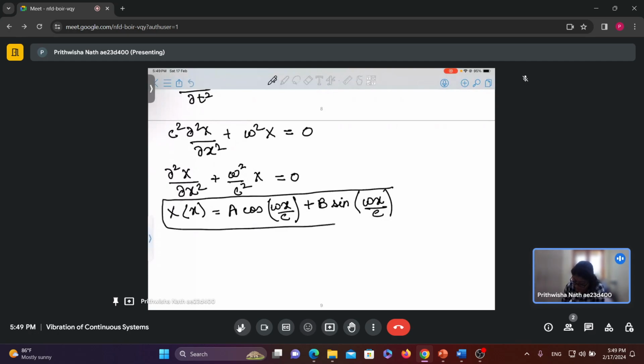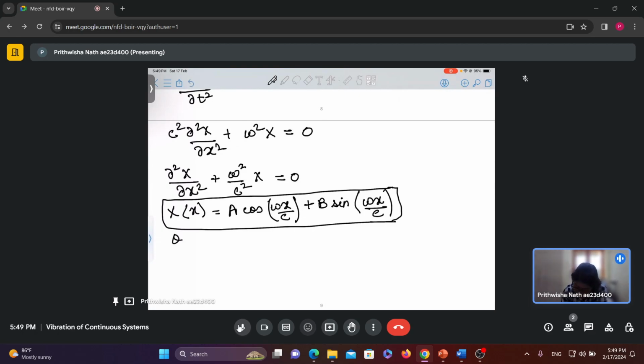So I can write the x in this term. Now since it is fixed free end, for x equals 0 and for any time t, we can write the equation like this.